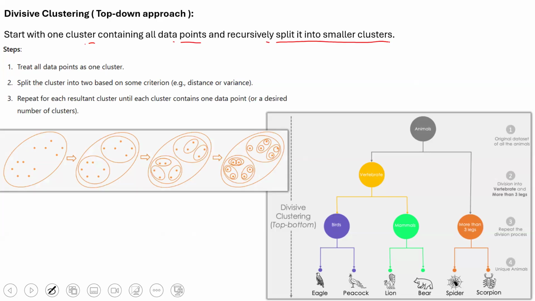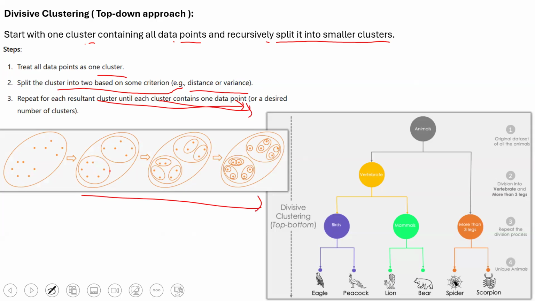Okay, it treats all the points as one cluster, and splits the cluster into two based on some criteria like distance or variance. Okay, so you break the bigger cluster into smaller clusters, and you repeat this process until each cluster contains one data point.